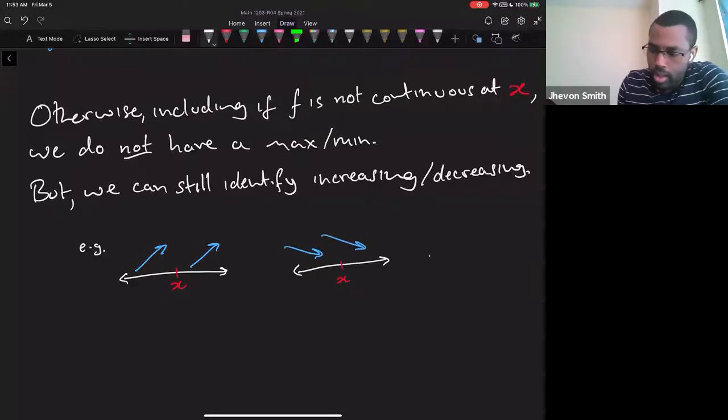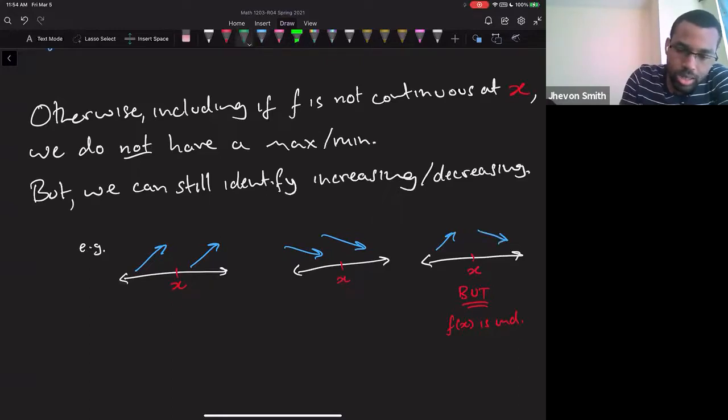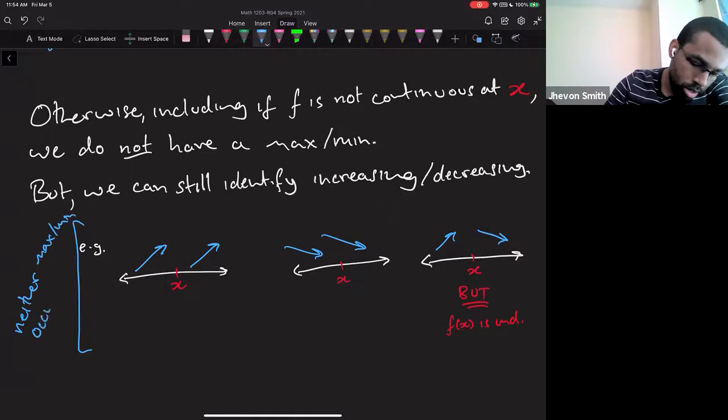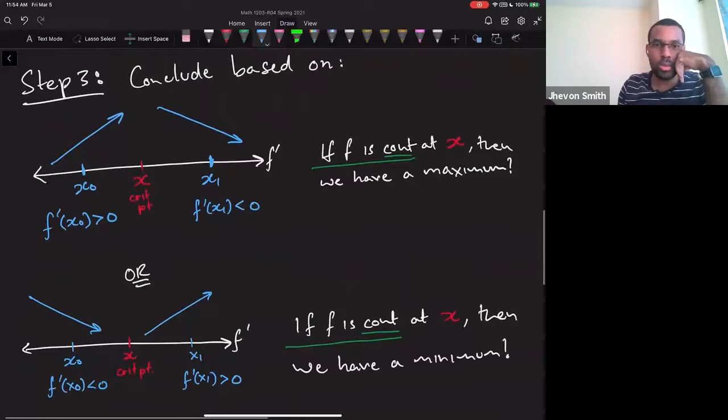Or you have X here, but your f of X is undefined, and you have this and that, then it's also nothing, right? So for none of these does a max or min occur.